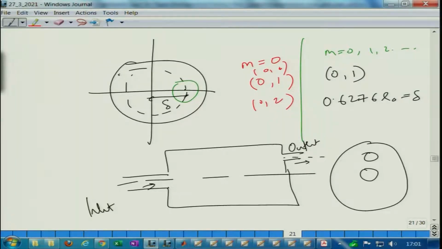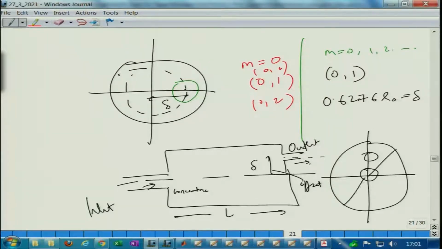So, we have this sort of a thing. Now, this is delta distance, then this is the concentric port, this is the offset port. Now, based on the value of the offset distance, this is the length L, diameter d, and d naught, and all port diameters are assumed to be equal.